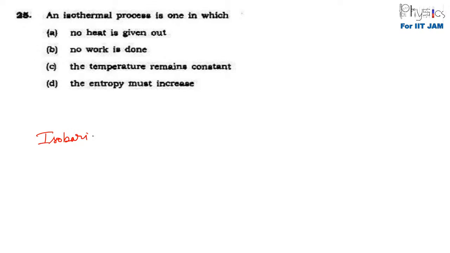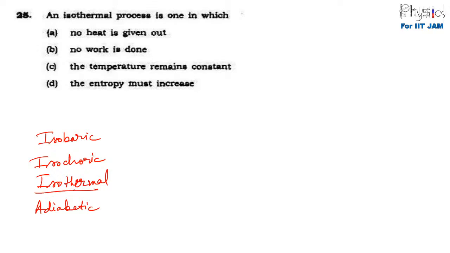Isobaric, isochoric, isothermal and adiabatic, right? So, in case of isothermal, from the name it is clear that delta T is 0.